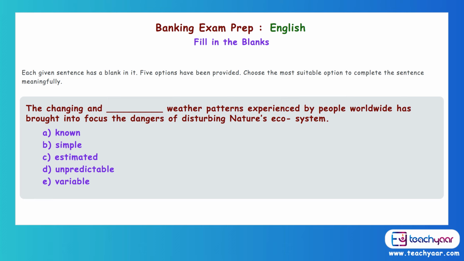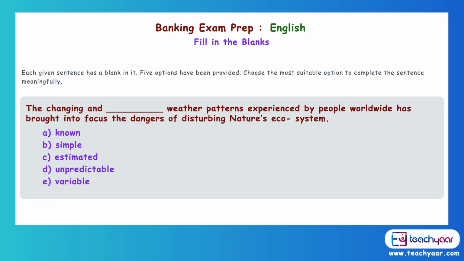We have the light from the sun, which gives you the light and the heat. There's a completely well organized ecosystem. But what's happening now? We are disturbing that system. So because of which the weather pattern is being affected. So that is the basic idea of the sentence.